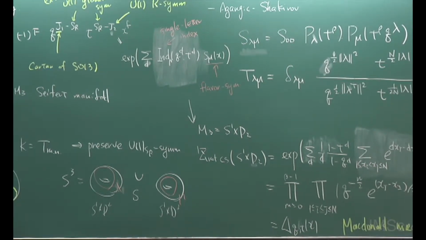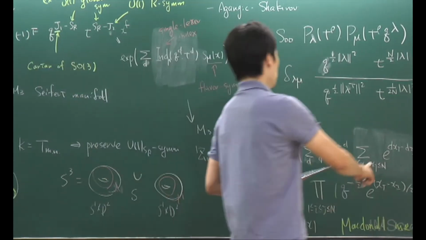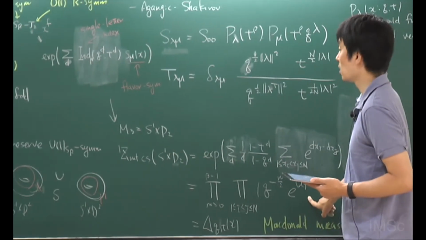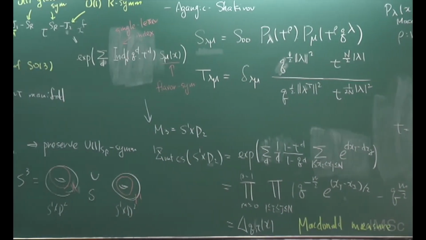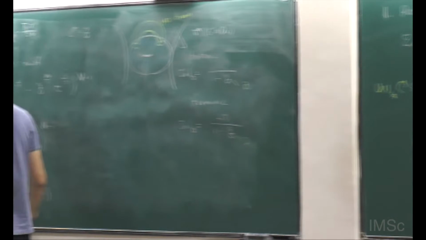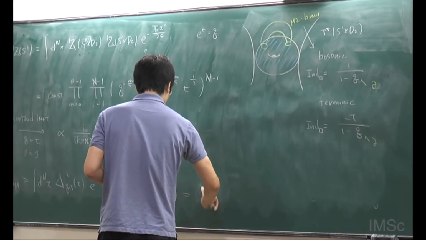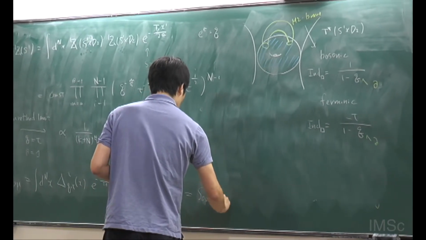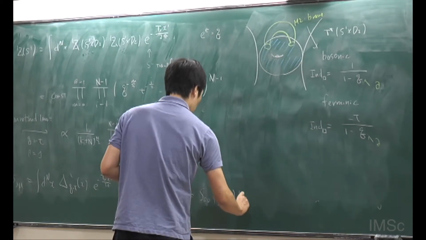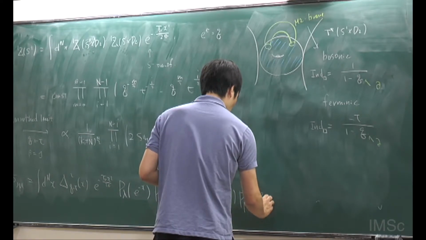Which one? This one? This one. When you integrate over x, what you get is S00, S00 P lambda t to the rho, and this is the standard Macdonald. You can use the technique in Macdonald functions.